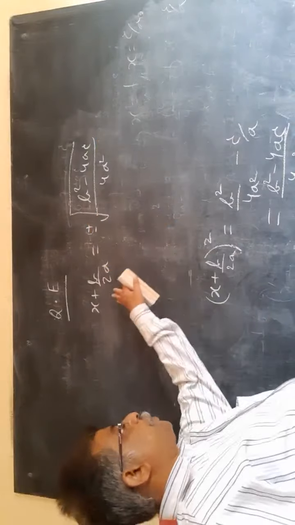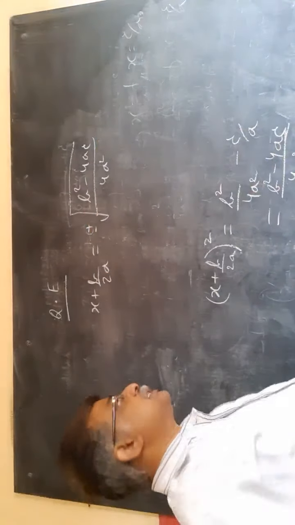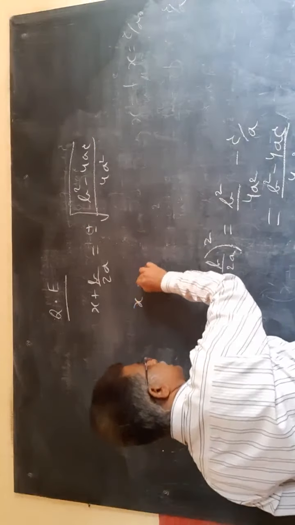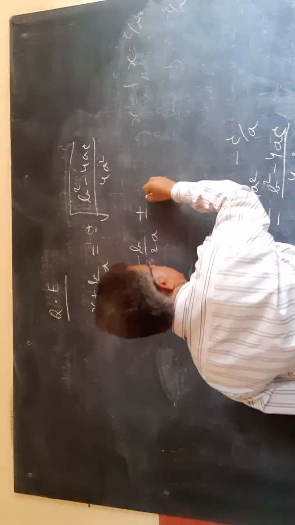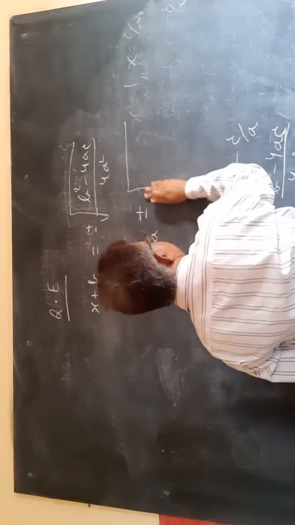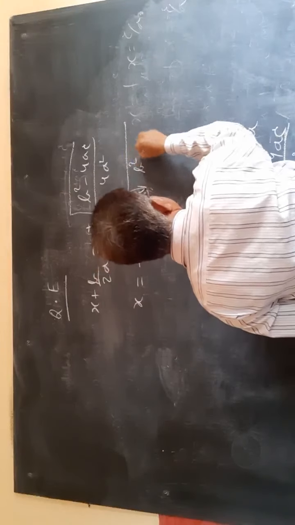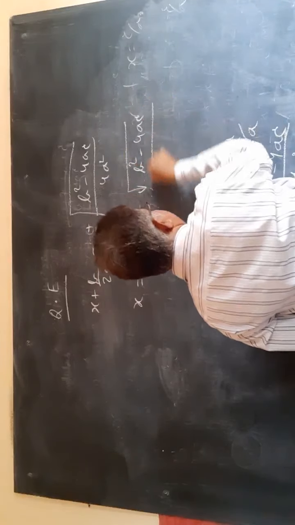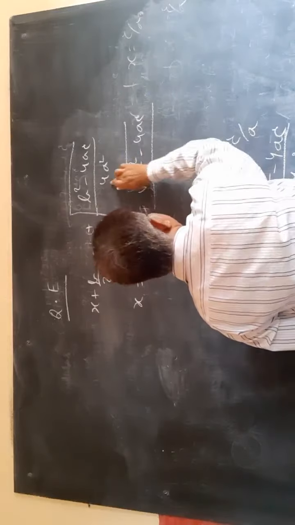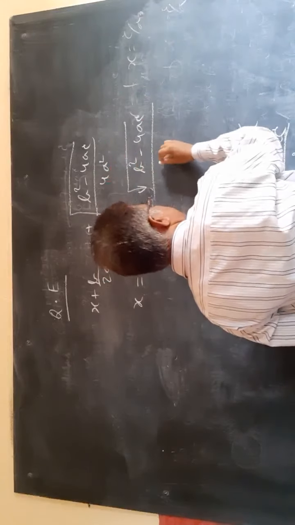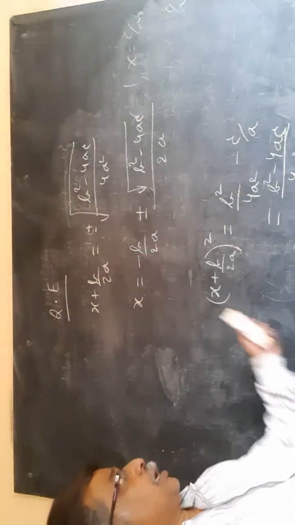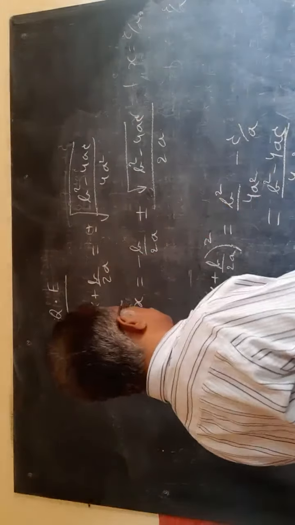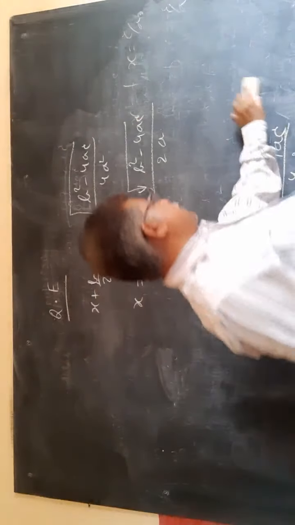Now, bring this plus b by 2a to that side. What happens? x equal to minus b by 2a plus or minus root of b square minus 4ac divided by square root of 4a square, which is 2a. Now I can take the LCM of the two, that is 2a.